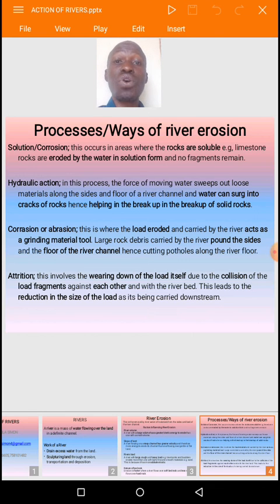There is what you call corrasion or abrasion. This is when the materials being carried by the river are used as grinding material against the river valley. So these materials grind, or they go on hitting the river valley. And in the process, materials are removed and eroded.